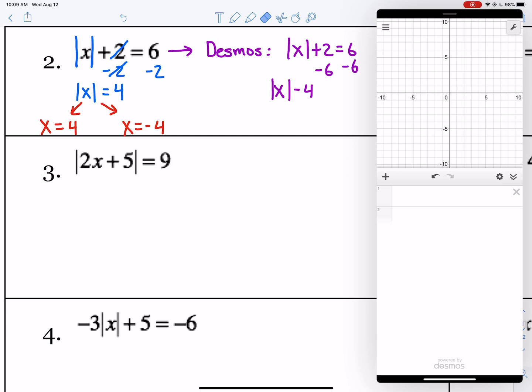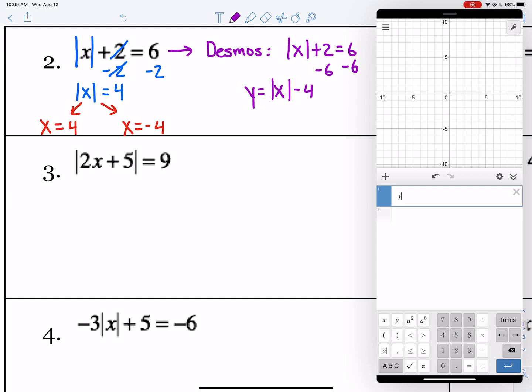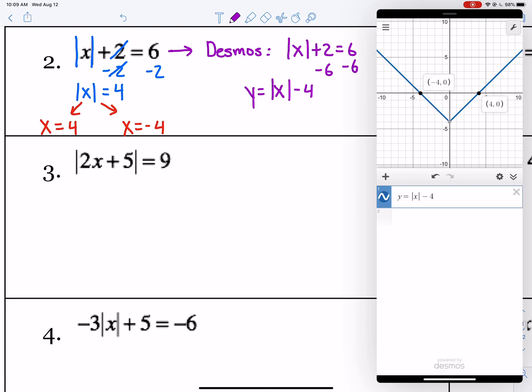But instead of putting equals 0, let's just write y equals over there on the far left like we normally see it. So we're just getting everything to one side and then put y equals to make Desmos understand. We're basically turning it into a function. So that way it works properly in Desmos. So we check our answer by looking at where it crosses the x-axis. And we can see that 4 and negative 4 are both answers. So we're good with number 2.